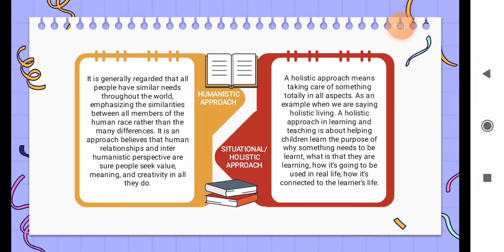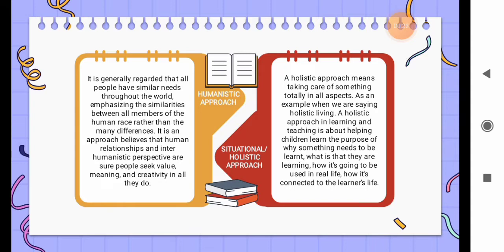The next is humanistic approach. In the humanistic perspective, it is generally regarded that all people have similar needs throughout the world, emphasizing the similarities between all members of the human race rather than the many differences.